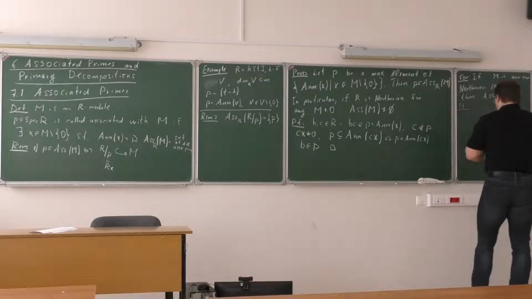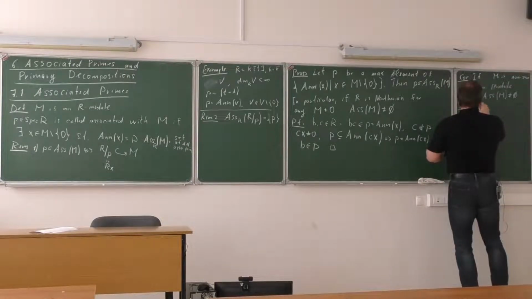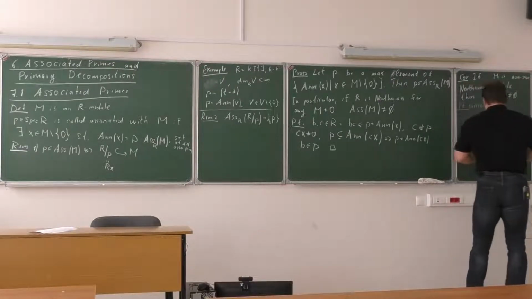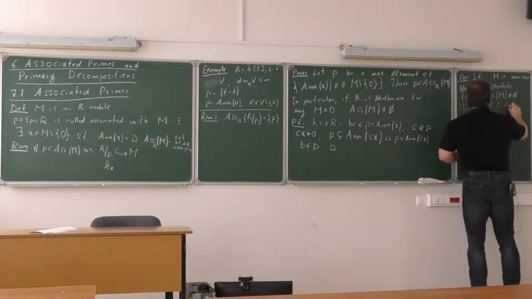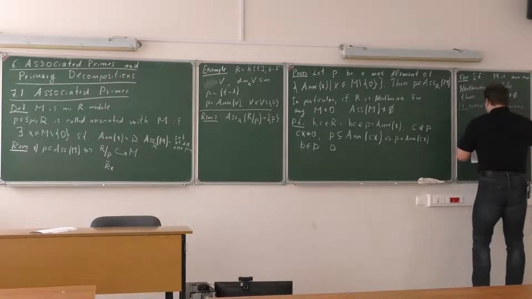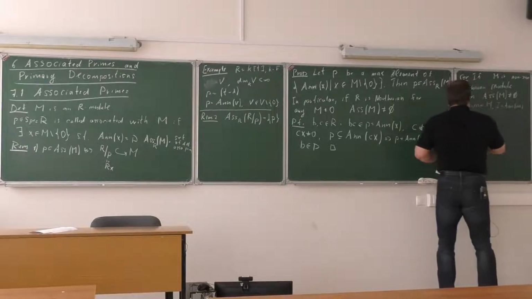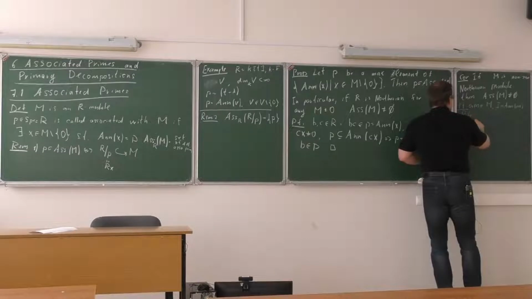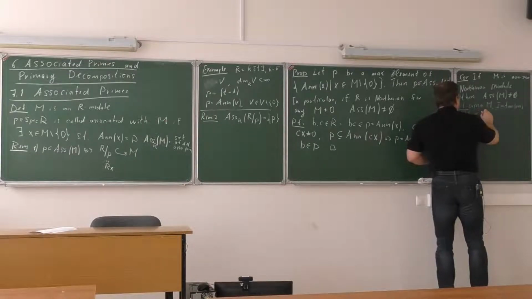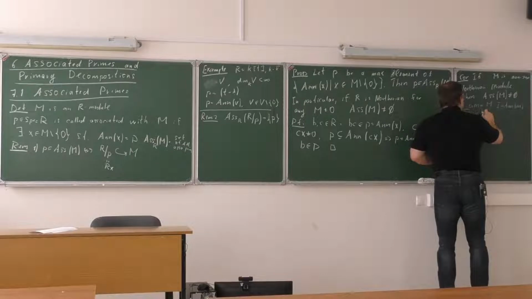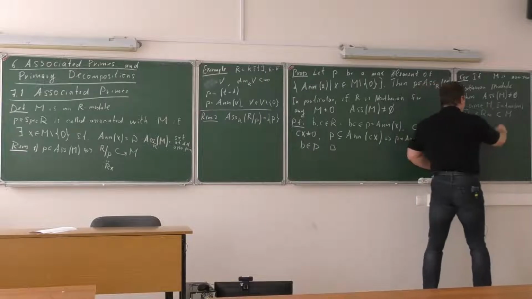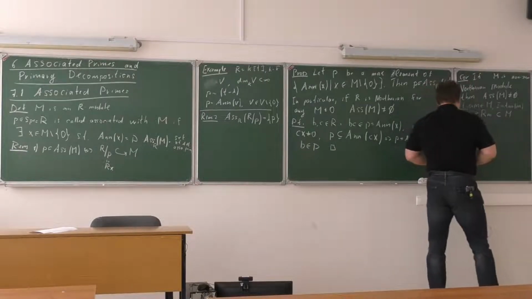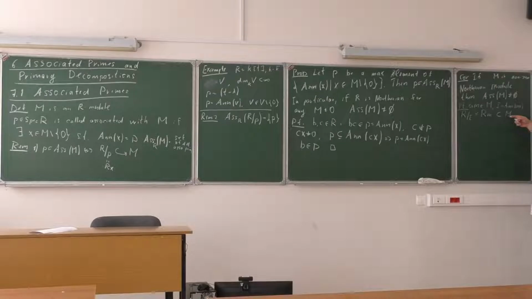So in the proof you do the following. Take a non-zero element m, which is not equal to 0, in the given module M. Now, for shortness of the notation, set I to be the annihilator of this element m. Then we have a submodule, R modulo I, which is the same thing as the cyclic module Rm, which is a submodule inside M. M is Noetherian, and any submodule of a Noetherian module is Noetherian.